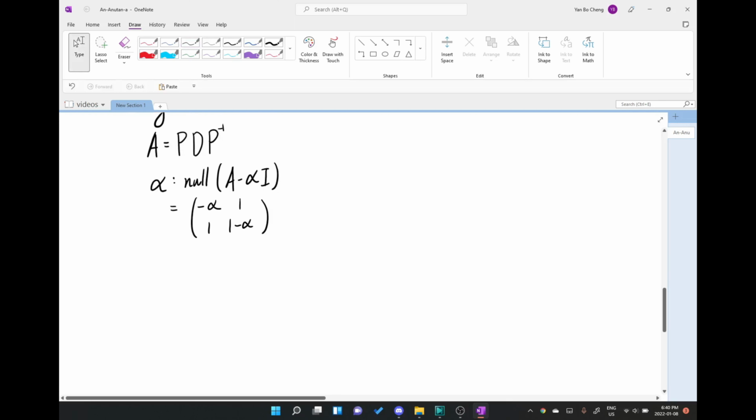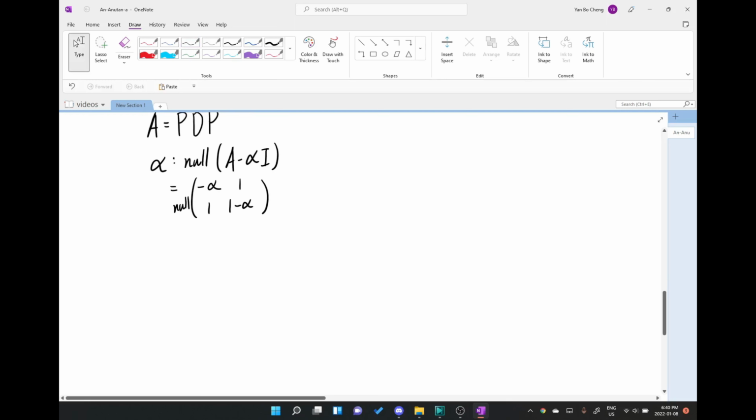And if you don't know, this is equivalent to finding a 1 by 2 matrix (x, y) such that this matrix times (x, y) is equal to the 0 matrix.